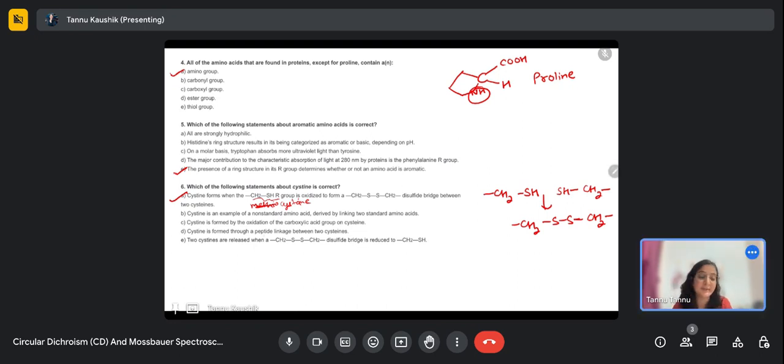Ma'am, it seems option E is also right. Cysteine B, last option. Two cysteines are released when a CH2-S-S disulfide bridge is reduced to CH2SH.